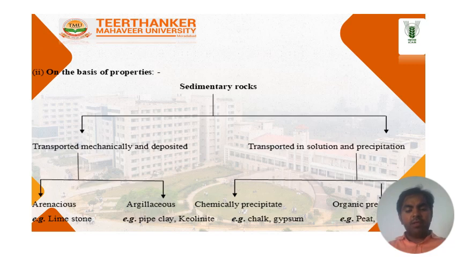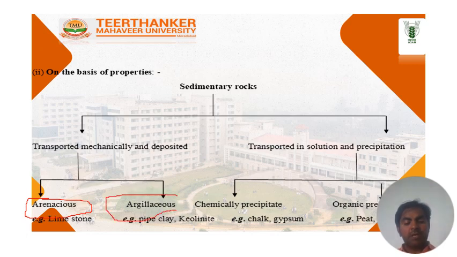Now come to the basis of properties. Sedimentary rocks are divided into two categories: one is transported mechanically and deposited, the second is transported in solution and precipitated. The first is again divided into arenaceous and argillaceous.